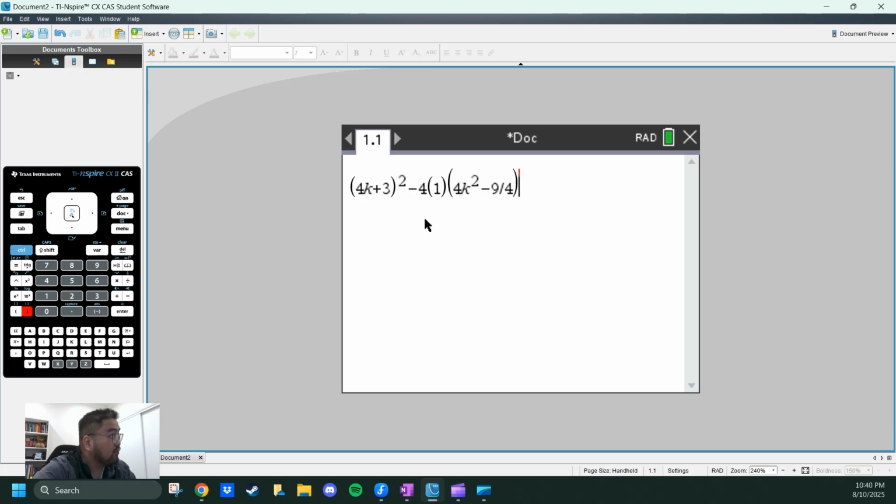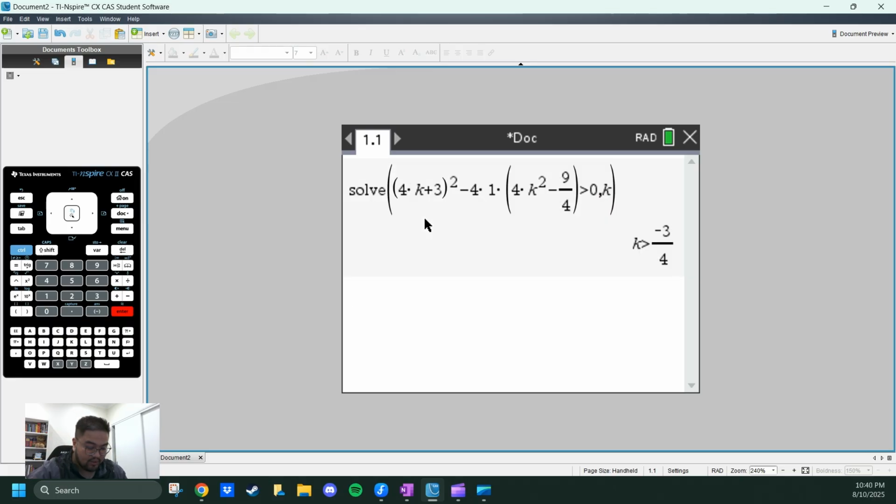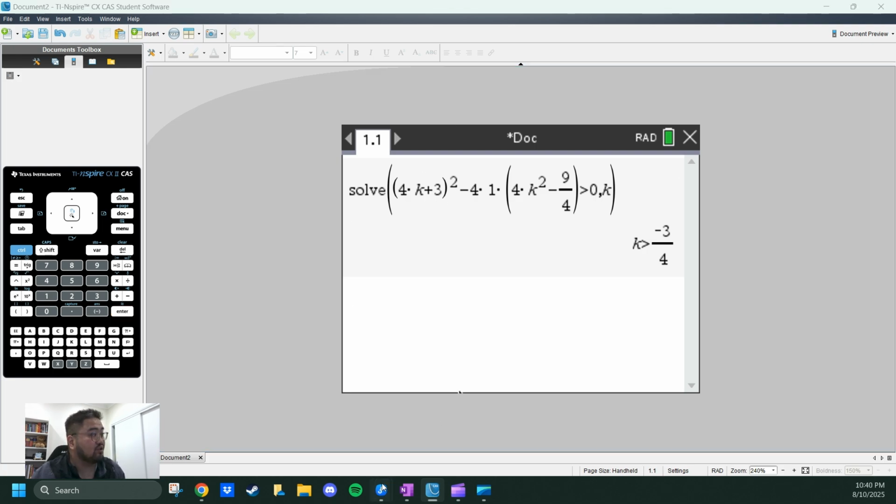Okay, and we're going to solve this for when this is greater than 0, comma k. All right, so we get an answer of k is greater than 3/4. And this is what a lot of students do.